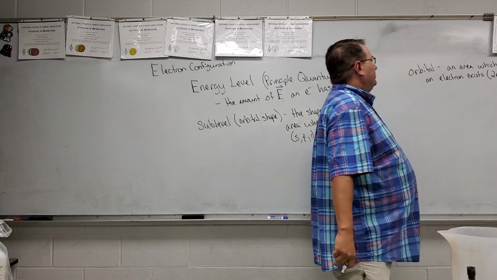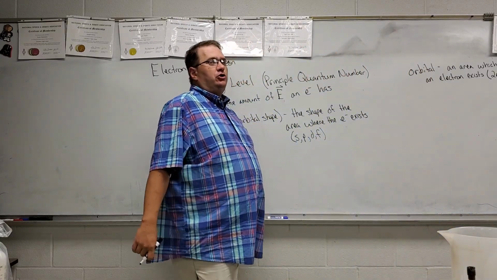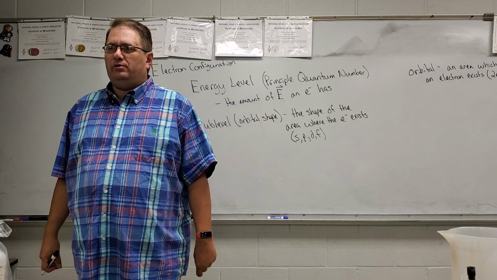An orbital is an area in which an electron exists, and there's a maximum of 2 electrons per orbital.